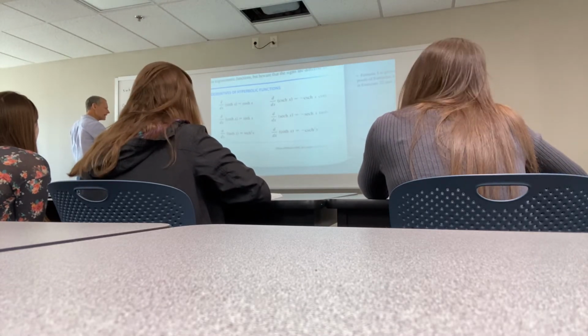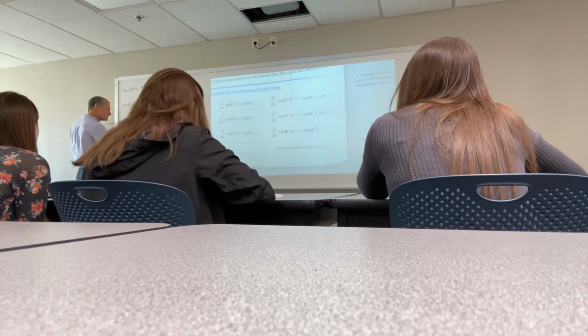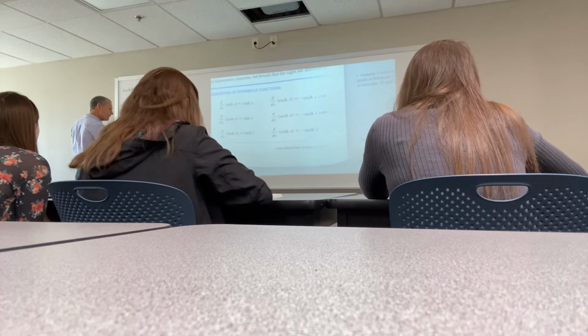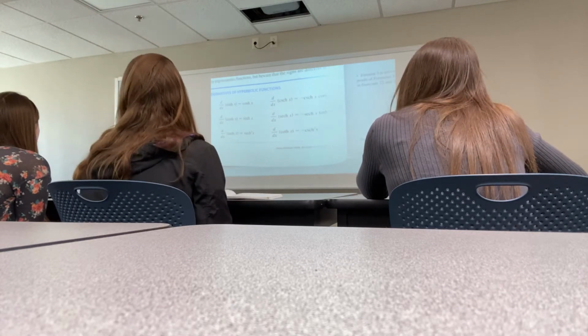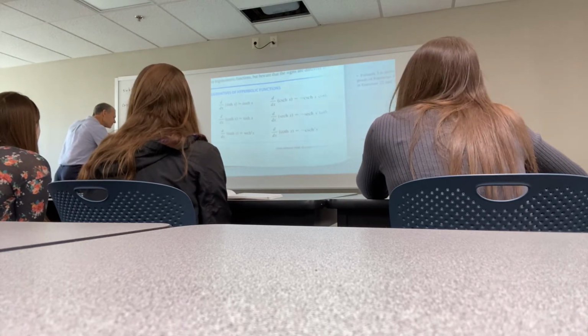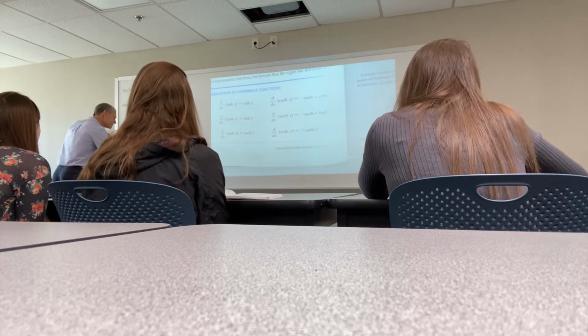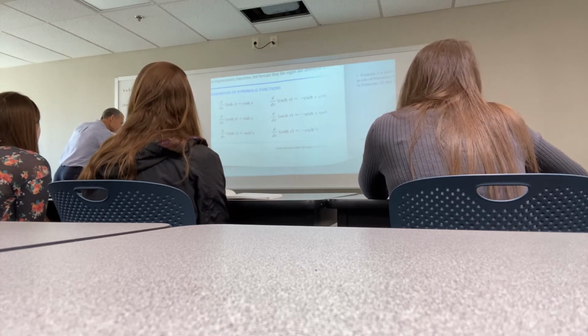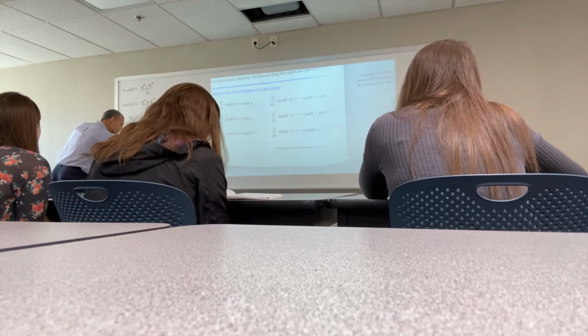Cosine turns into a sine. Tangent is a secant squared. And I'm saying numbers 1 through 6, but I'm turning them into hyperbolic. In other words, I'm adding the h. Cotangent is a cosecant squared. Secant is a secant tangent. And cosecant is a cosecant cotangent.